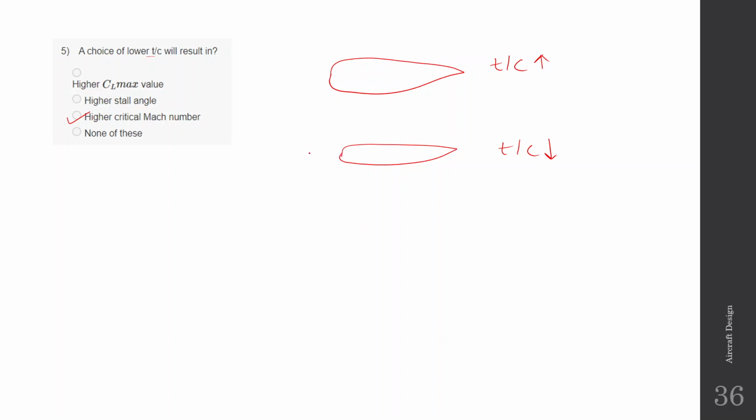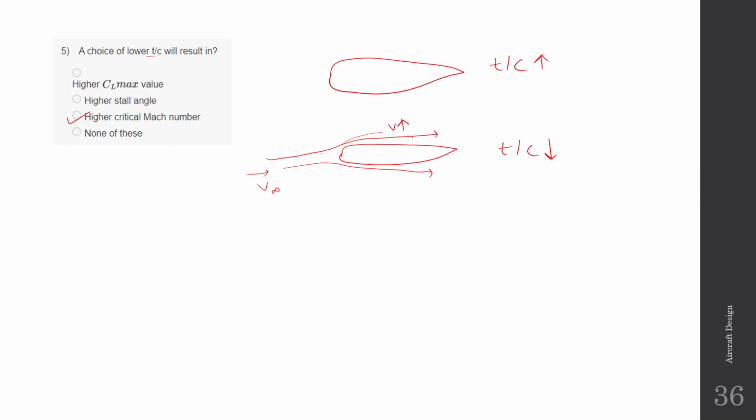Now what happens is that in case of a lower T by C, the airflow is not disturbed too much. As you know, if this is your free stream velocity V infinity, when the air passes over the top, the velocity increases.